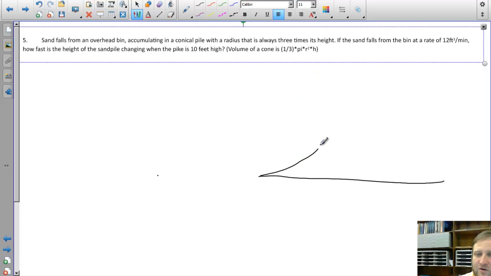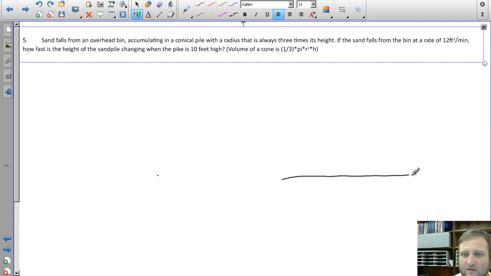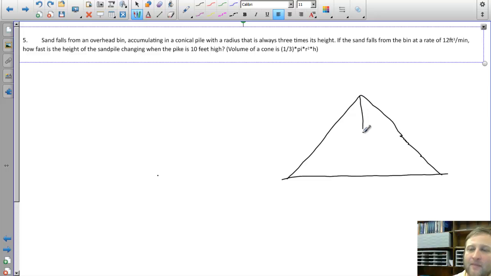So I'm just going to draw a quick picture here, and I have a mound of sand, and it should be a cone, so it should be more pointy. So I have a mound of pointy sand. Notice here I have a height, I'm going to call this value h, and then I have a radius, and my radius is going to extend anywhere between the center of my cone and the farthest circumference of my cone.